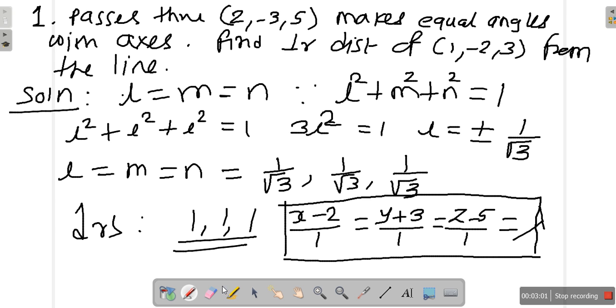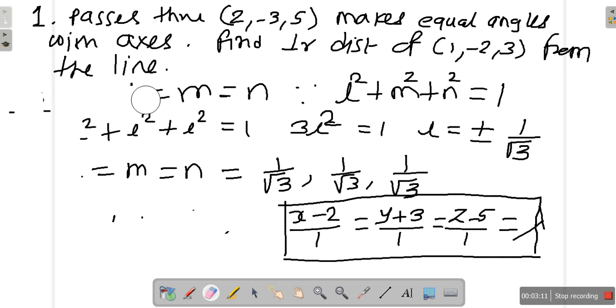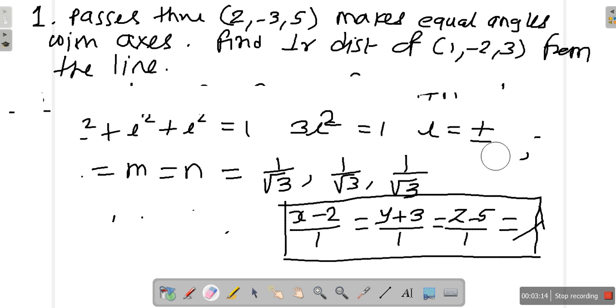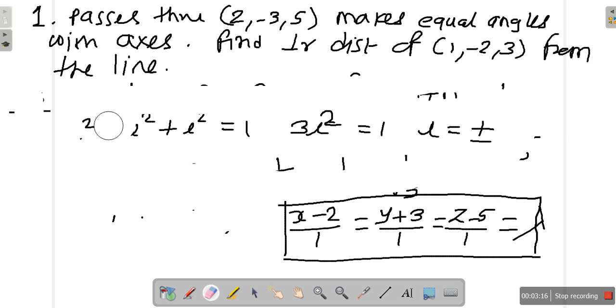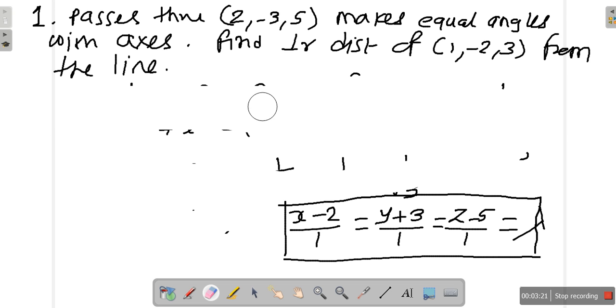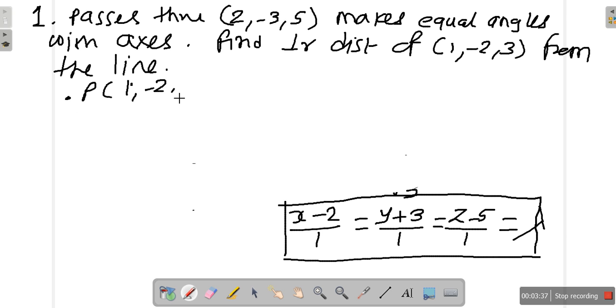Now let us go ahead and draw the illustrative figure. Okay, so what is the situation here? We have a point here, say P, which is (1, -2, 3).